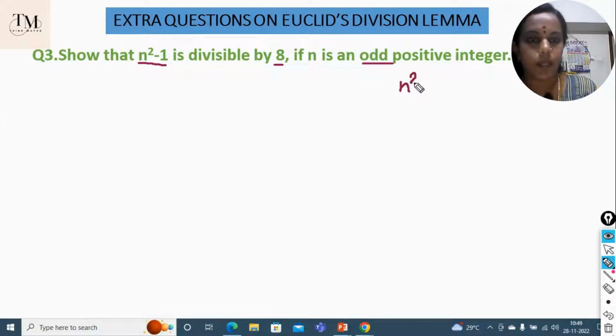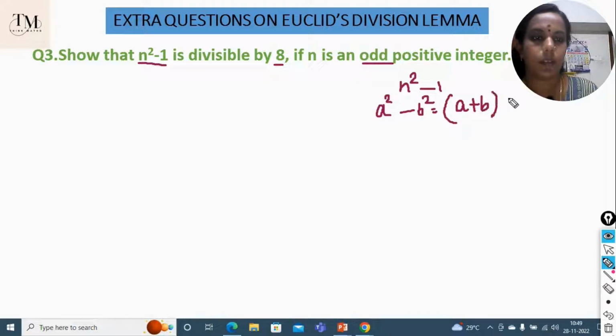So n square minus 1. We know that a square minus b square is nothing but a plus b into a minus b. We have to use this formula, and we have to take a positive integer n. This n is odd.